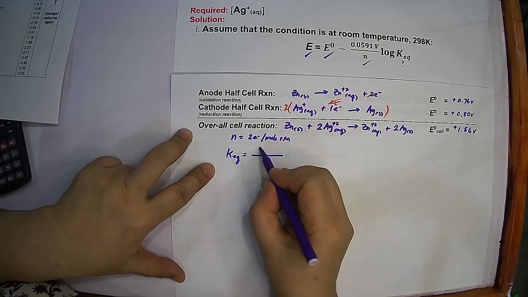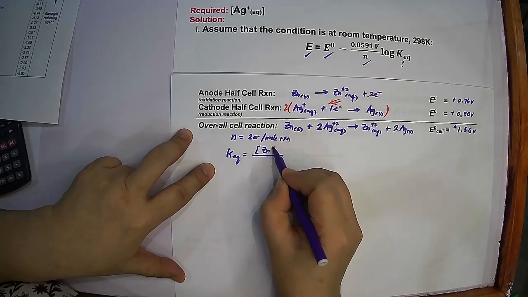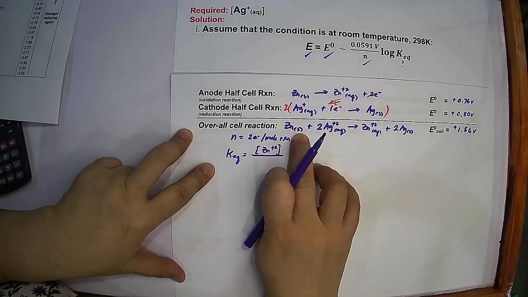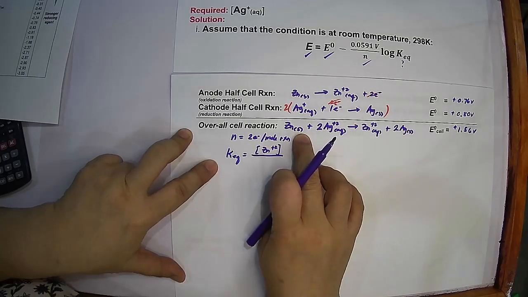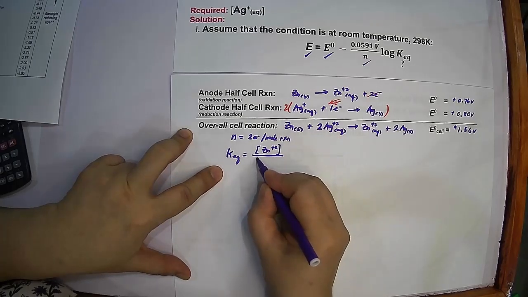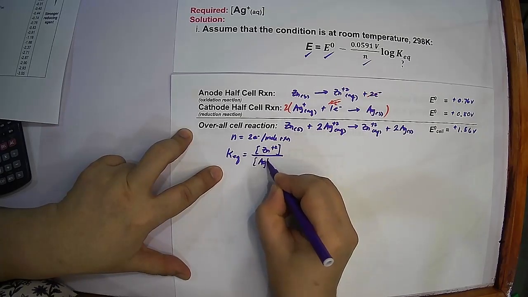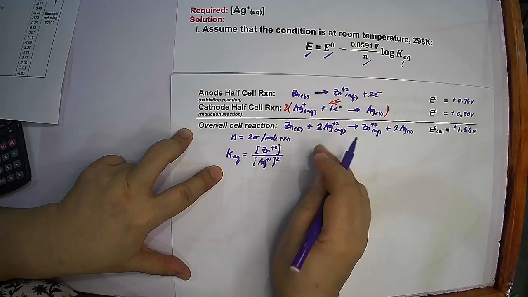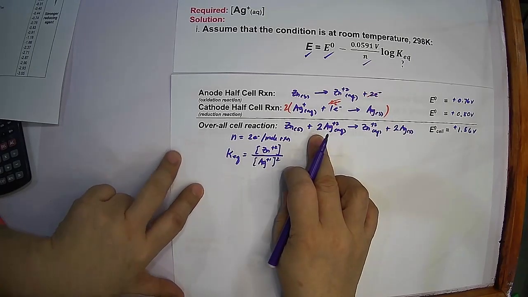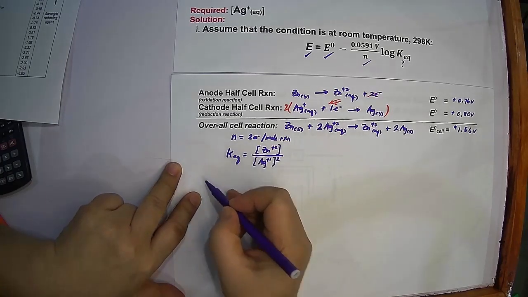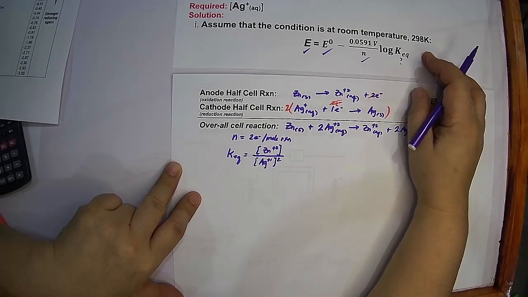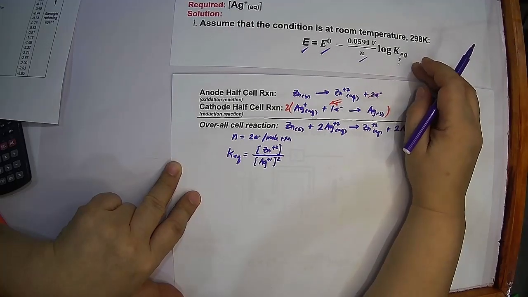So we have only the zinc ion raised to 1. And again, this is solid, it will not be included in your Keq expression. Only the silver ion, Ag+, raised to 2, because the stoichiometric coefficient in the balanced equation is 2. Next, we solve by manipulating the condensed Nernst equation to solve for your Keq.